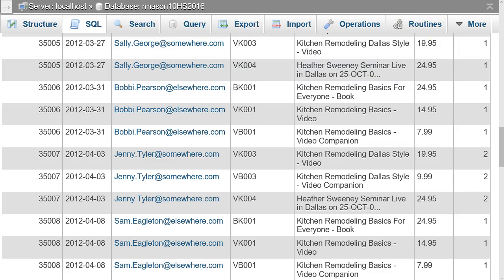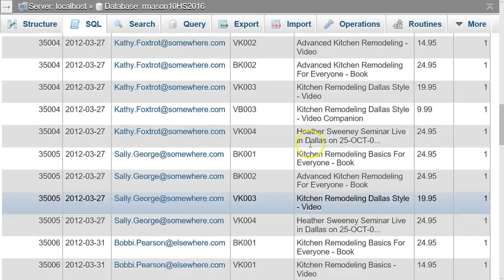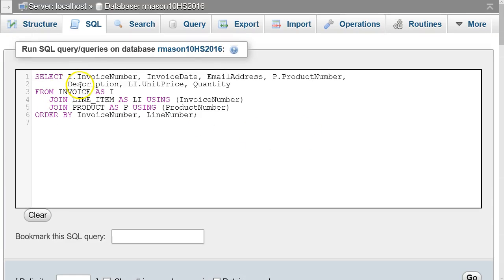Okay, so how do we do that? Let's go back to our SQL. So we might have the invoice number and the invoice date. We don't need the email address and the product number and the description or the unit price or the quantity now.